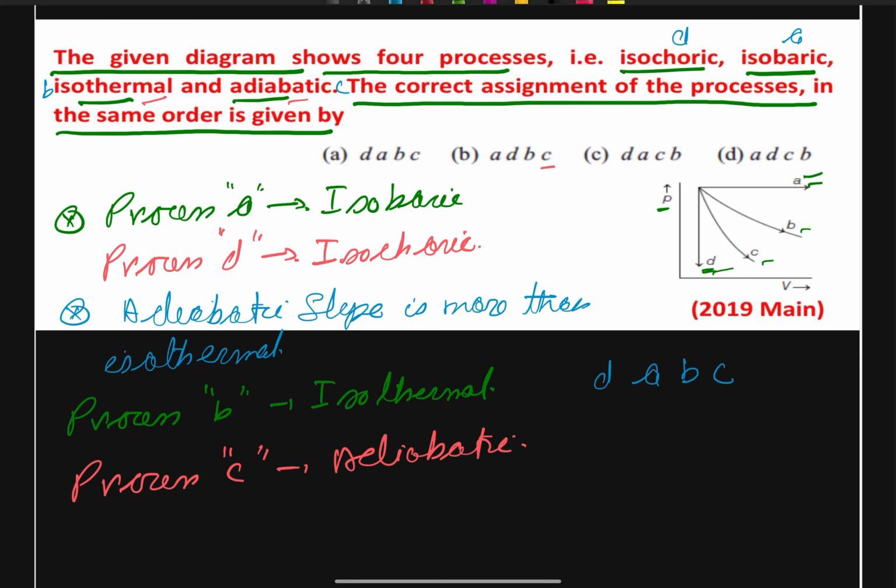That doesn't match, very strange. Isochoric is D, isobaric is A, isothermal is B. Sorry, DABC.